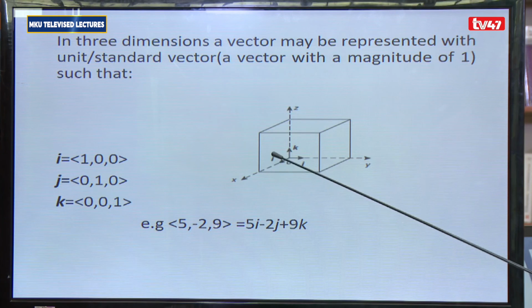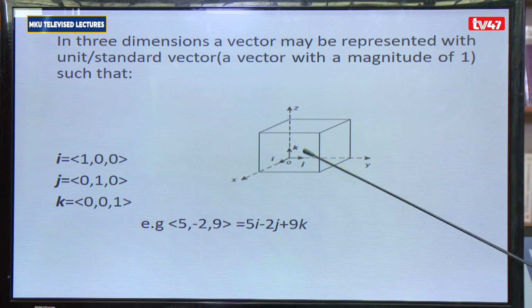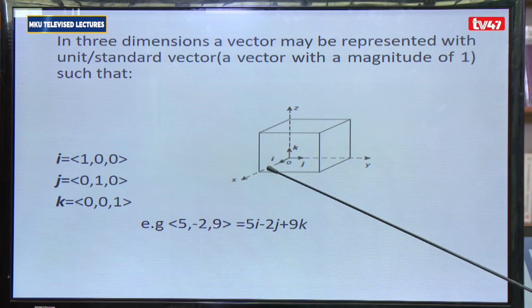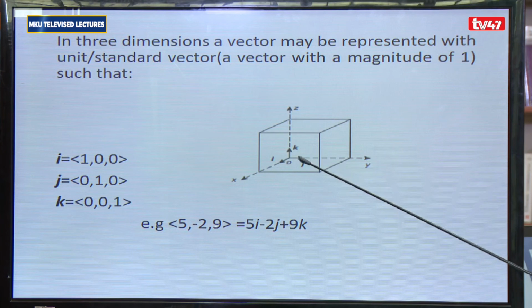And therefore, I cross J is going to give us K. J cross K gives us I, and K cross I is going to give us J, like that. So we go to the next vector.